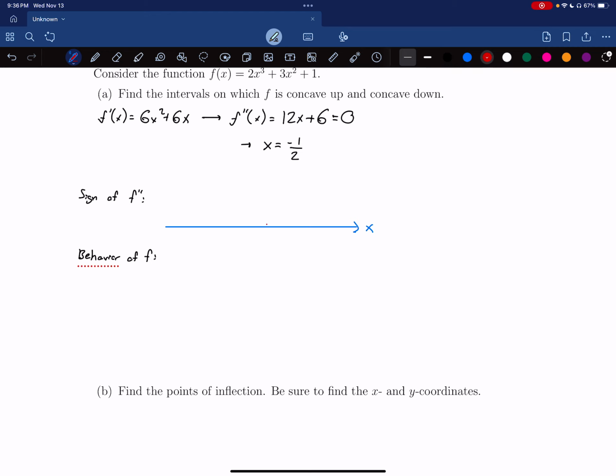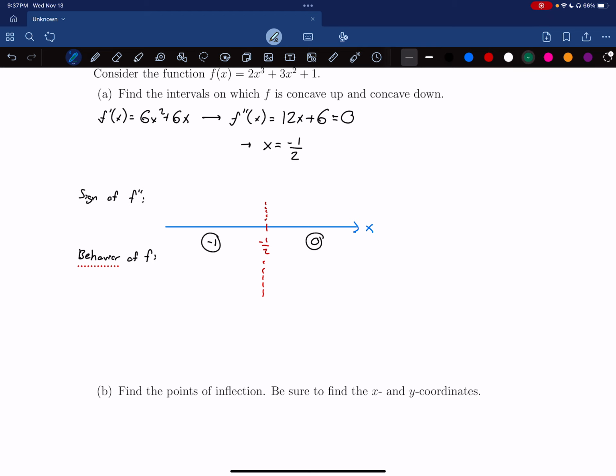So we're going to mark the root that we found, negative 1/2. In this situation, we only need to consider the two regions, to the left and to the right. Easy enough. We can choose nice whole numbers as our test values. So I'm going to go with negative 1 and 0 as our test values.